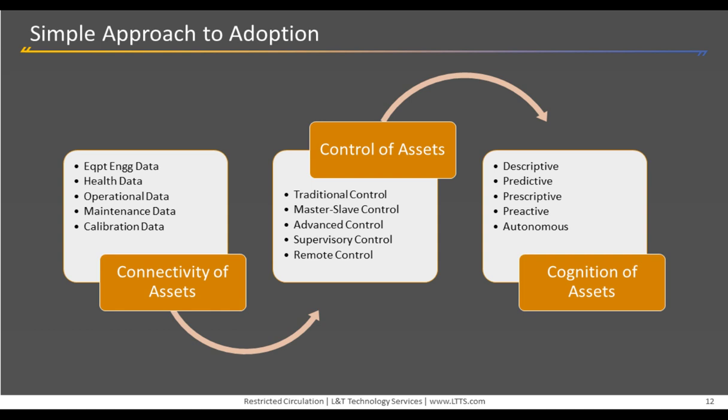Once the connectivity is established, the controlling of the assets becomes predominantly important. When we mean control, it's not that we build a firmware or something like that, which may already be there with the asset. However, we are looking at building a certain traditional control or a master-slave, where we are able to look at various what-if scenarios and control it, or even a multivariable controller, which is an advanced control type, or of course a supervisory and remote control type.